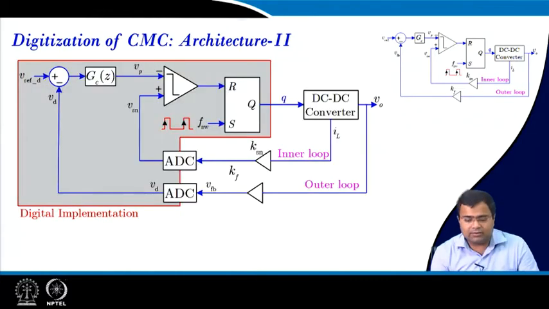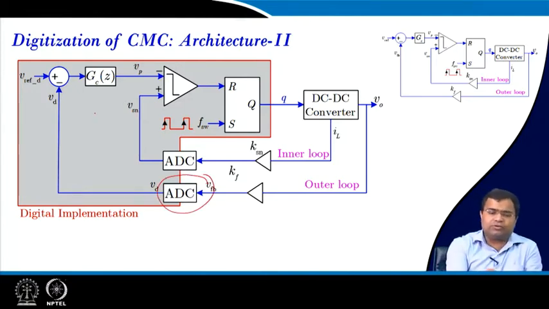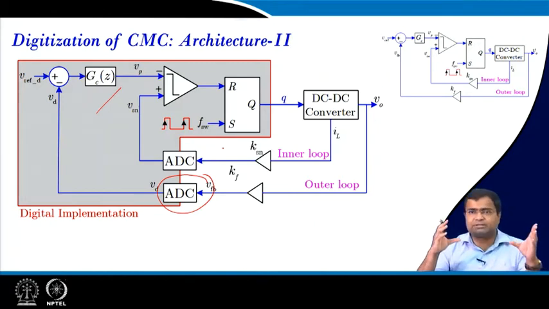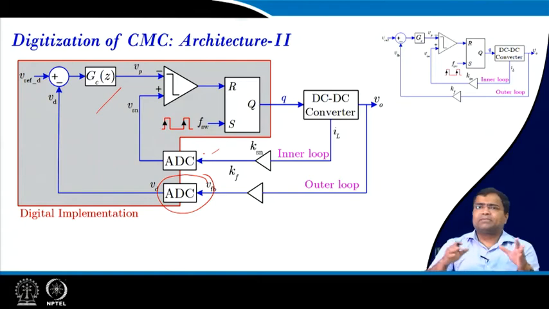Another architecture, we can keep even the current loop in digital. So earlier we will retain the voltage loop and we discuss about various possibility. Now we keep current loop also in digital, but we have discussed the current has a large ripple which is 20 to 30%. So we cannot simply take one sample per cycle, because then you cannot get an on-off operation for the whole cycle.